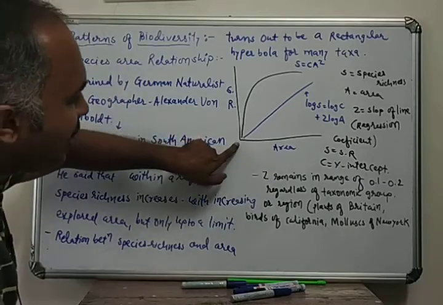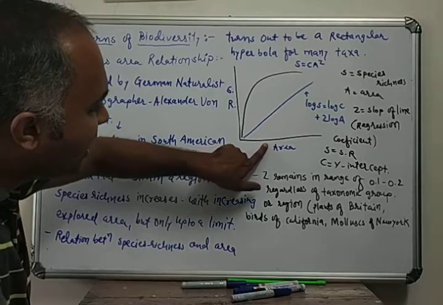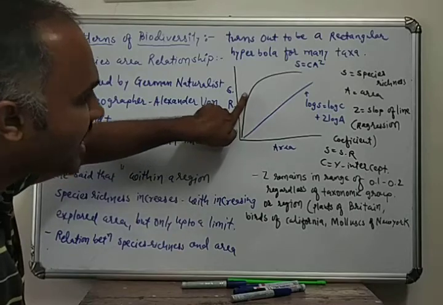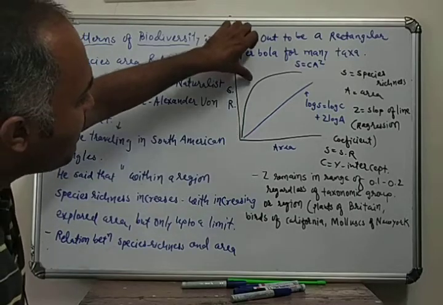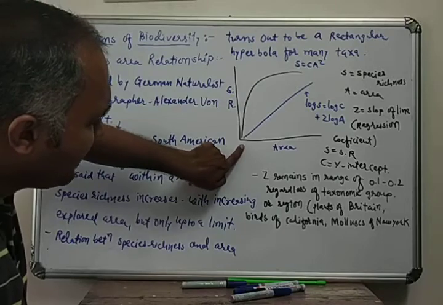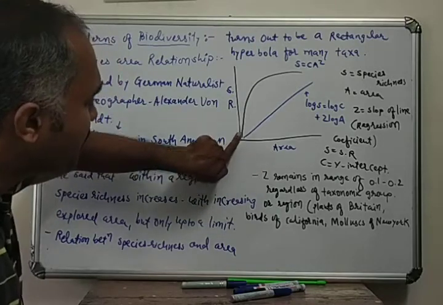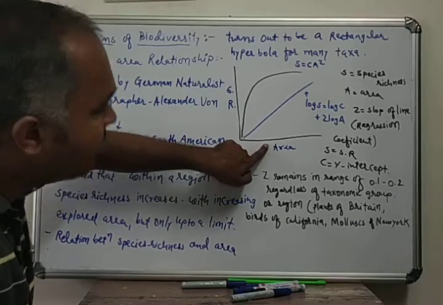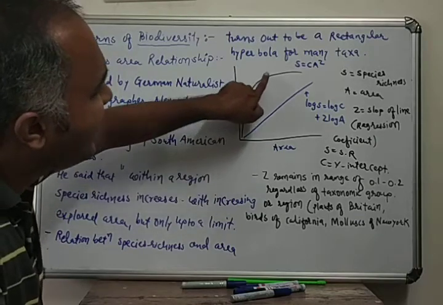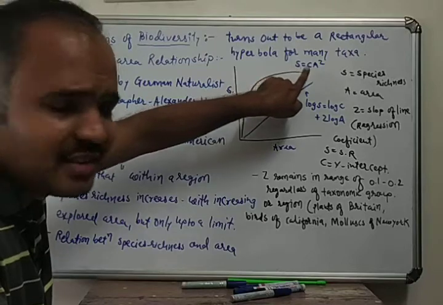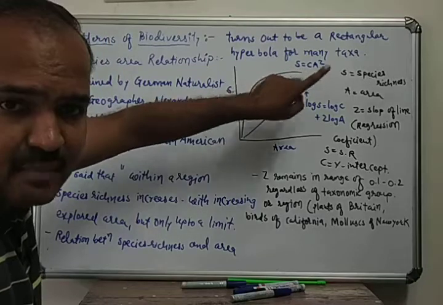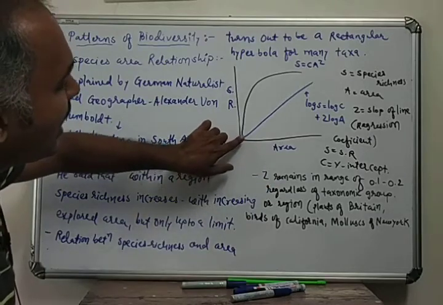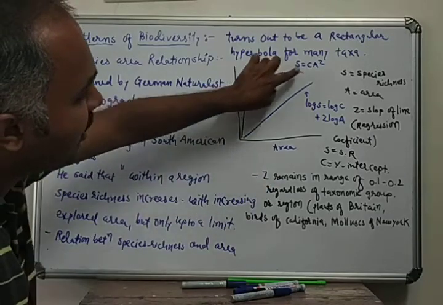So initially if we increase the area, the species richness increases. Look at the black line. If we increase the explored area, the species richness increases. But if we increase the area further, then the species richness decreases and becomes stable, and so the graph becomes a rectangular hyperbola.